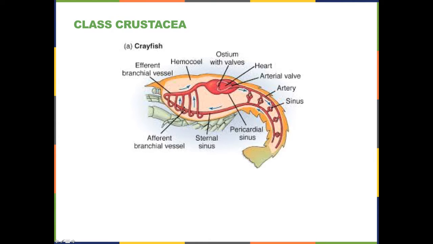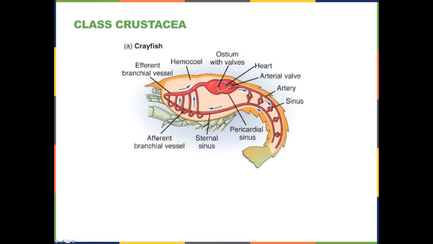Afferent means carrying blood to the heart. Efferent generally means carrying blood away from the heart or away from whatever organ they're talking about. Actually, in this case, it's not the heart, but it's the gills. So you have the afferent branchial vessels that carry blood to the gills and the efferent branchial vessels that carry blood away from the gills.